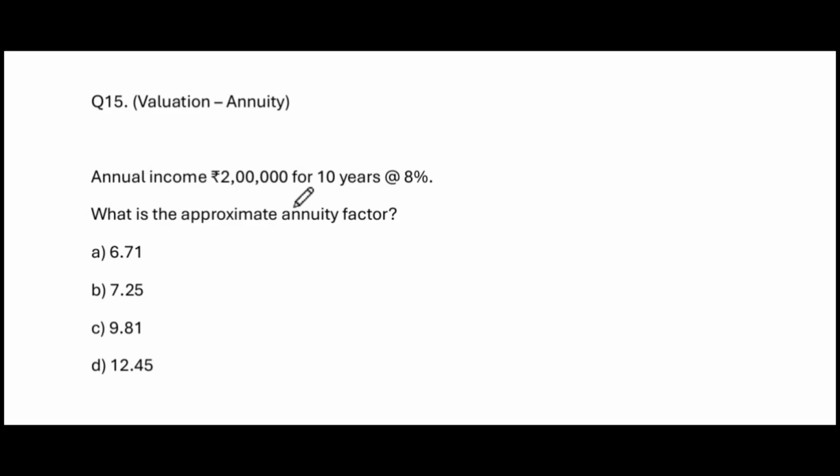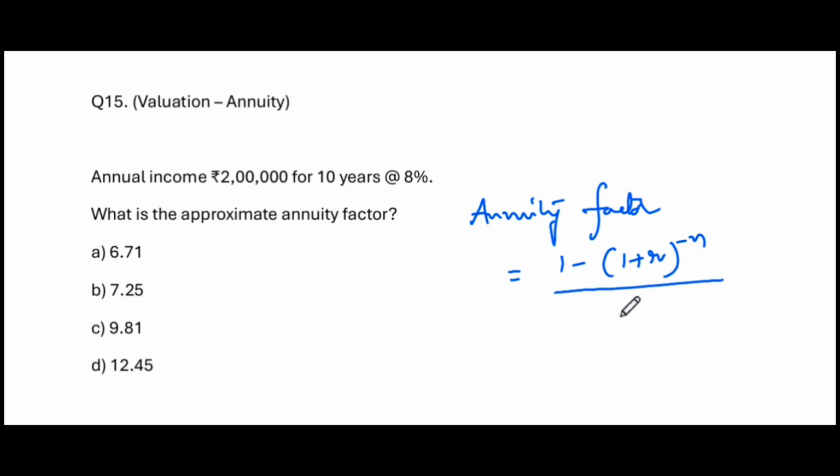Annual income of 2 lakhs for 10 years at 8% growth rate. What is the approximate annuity factor? Annuity factor is equal to 1 minus (1 plus r) whole power minus n, divided by r.